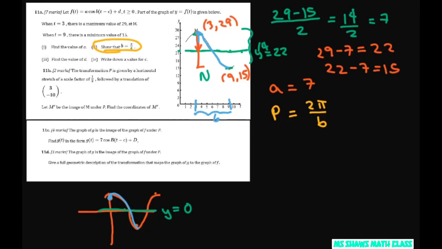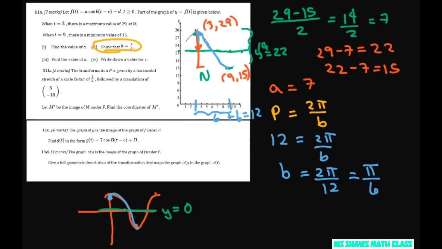So we need to add another 6 to get the full wave, and so that would be 12. So your full period is 12. So you're going to do 12 equals 2 pi divided by B. You cross multiply, you get B equals 2 pi divided by 12, which equals pi divided by 6.